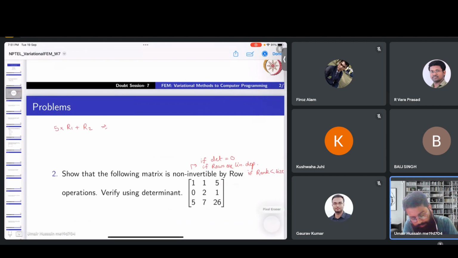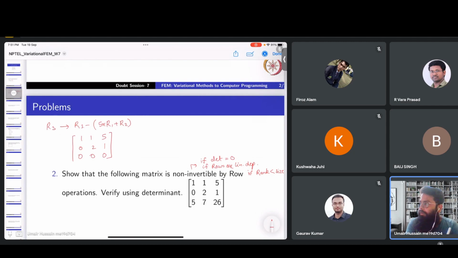Or we can just do one thing. We apply a row operation on row 3, that we make row 3 minus 5 times row 1 plus row 2. You see that 5 times 1 plus 0 would be 5, and 5 minus 5 would be 0. So the matrix becomes 1 1 5, 0 2 1, and this becomes 0, and then again 5 times 1 would be 5 plus 2 is 7, 7 minus 7 is 0, and again 5 times 5 would be 25 plus 1, 26, minus 26 would be 0.